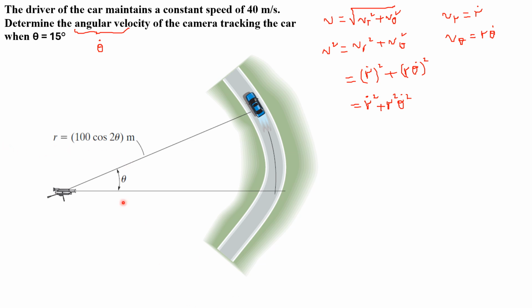We need to take r dot. r dot simply is going to be 100 times the time derivative of cosine 2 theta, which is 2 theta dot times the derivative of cosine 2 theta, which is negative sine 2 theta. This gives us negative 200 theta dot sine 2 theta.